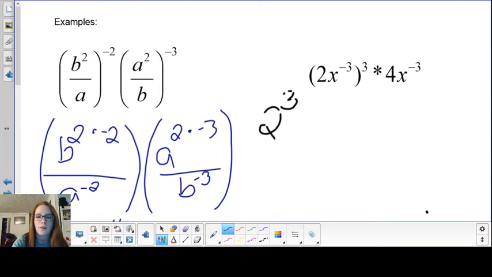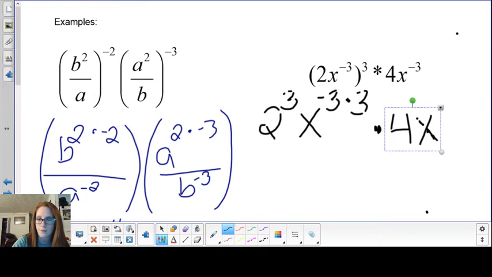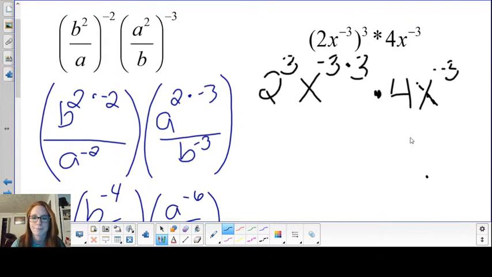So 2 to the 3rd, x to the negative 3 times 3, and that's going to be times x to the negative 3rd. Alright, I tried. Not working out too well.